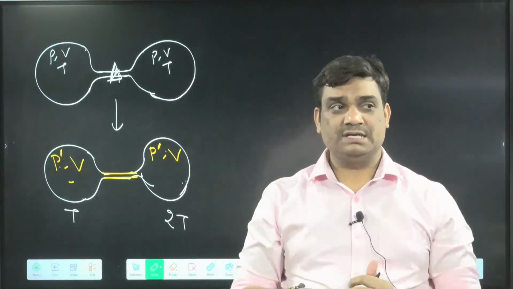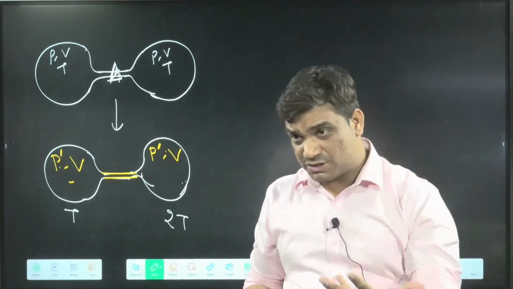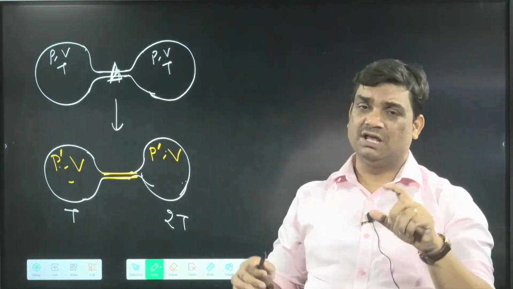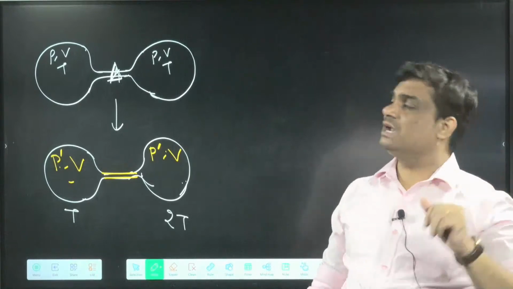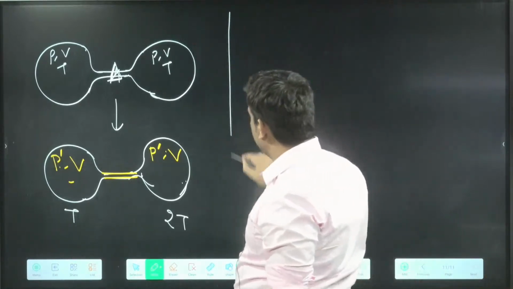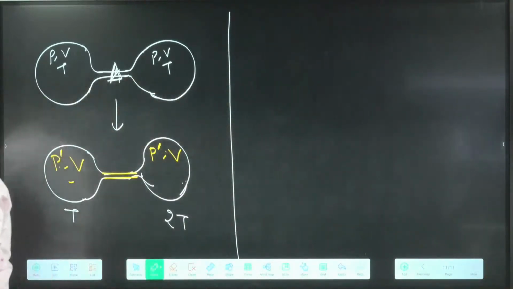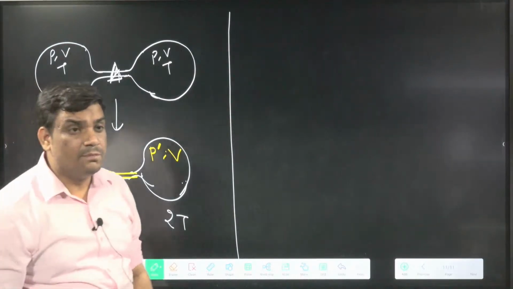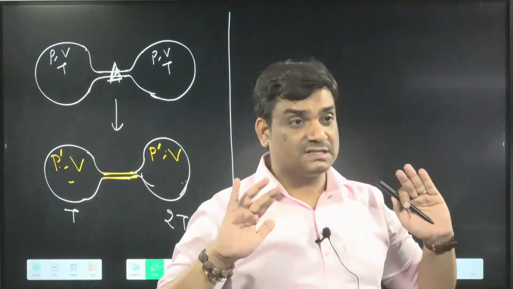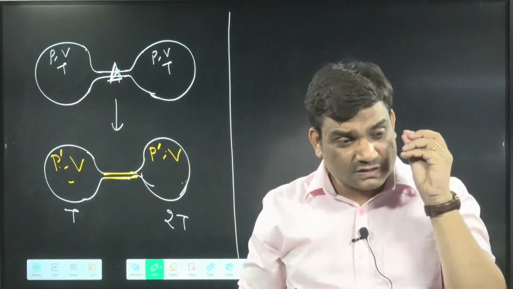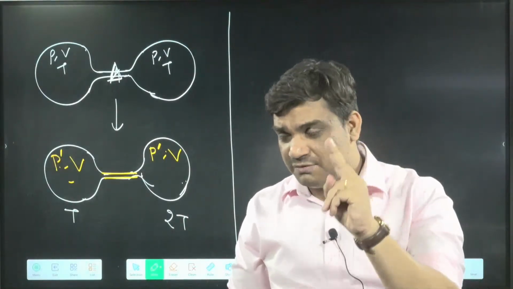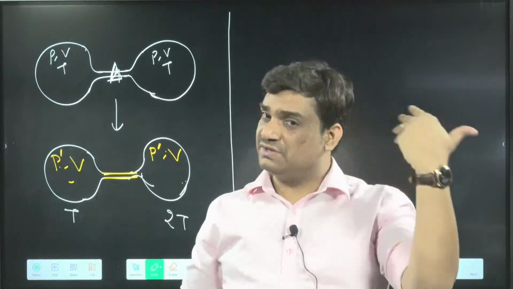There is no leakage, and no molecules are coming from outside. So overall, will the moles before and after in the mixture be the same or changed? Moles before and after will always be the same, okay? So in a mixture, you always have to use 2 things. Number 1, moles before and after are the same, overall initial moles equal final moles.